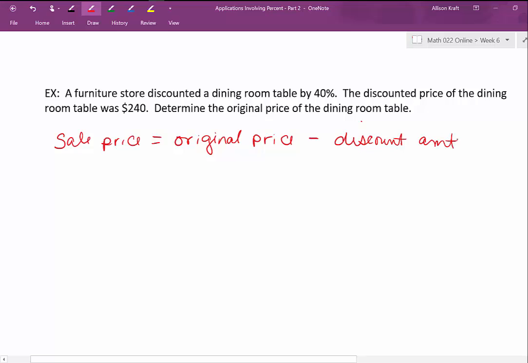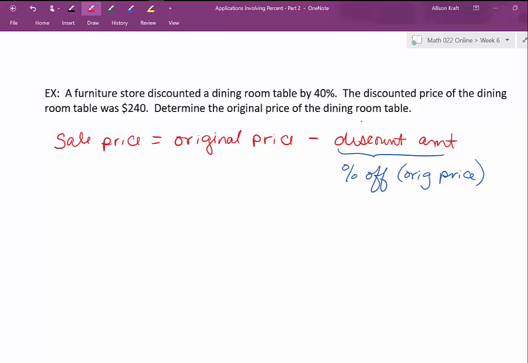We saw that the discount amount is the percent off times the original price. Since the original price is unknown, that's going to be our variable.